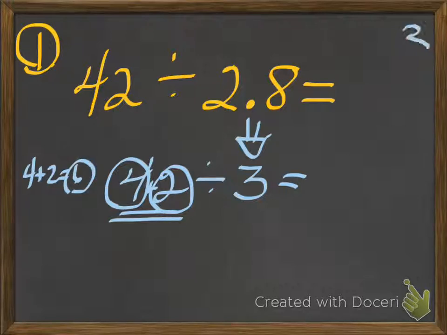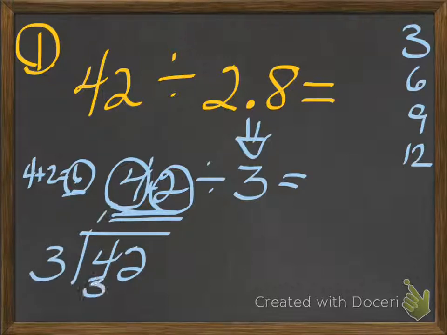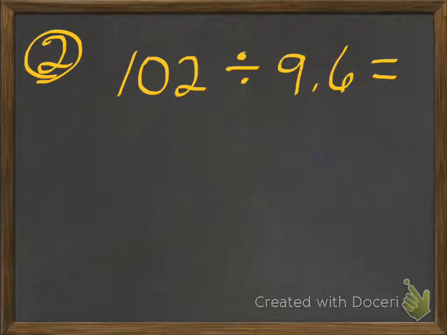You know the multiples of 3: 3, 6, 9, 12, and so on. 6 is a multiple of 3, so 42 is a multiple of 3. That's just an easy little trick. Okay, so since 42 is a multiple of 3, then I can just do some really quick division over here. And I see that 42 divided by 3 is 14. Okay, so my estimated answer is going to be 14.